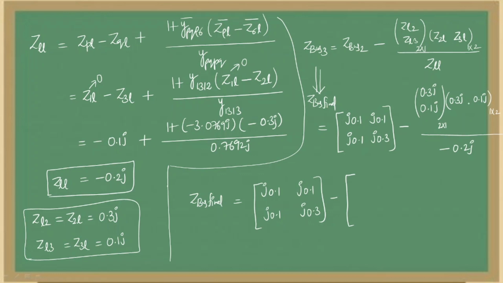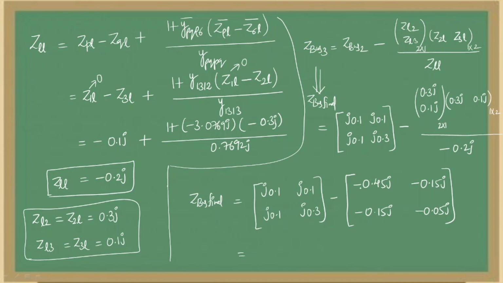It will be a 2 by 2 matrix, and divide each element by minus 0.2J. You will get this matrix which I am writing right now. So it is minus 0.45J, another element is minus 0.15J. Coming to the second row, it is minus 0.15J, and the last element is minus 0.05J. Okay, now subtracting each and every term, minus minus becomes plus.